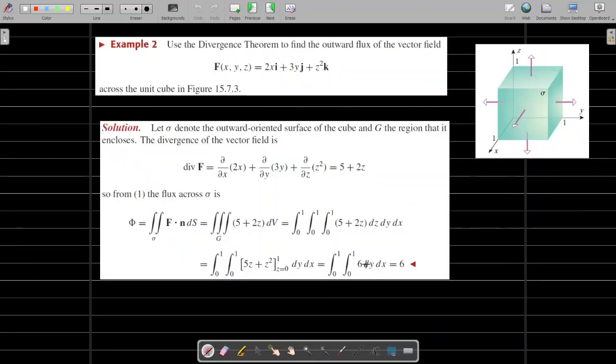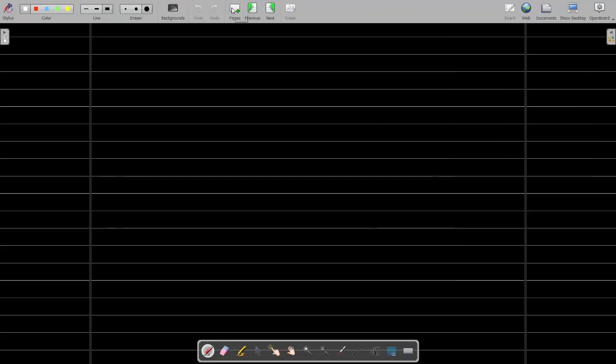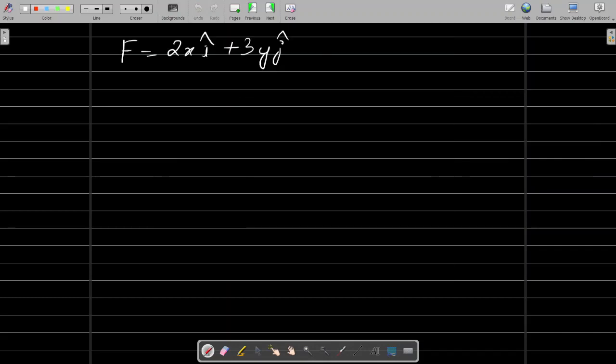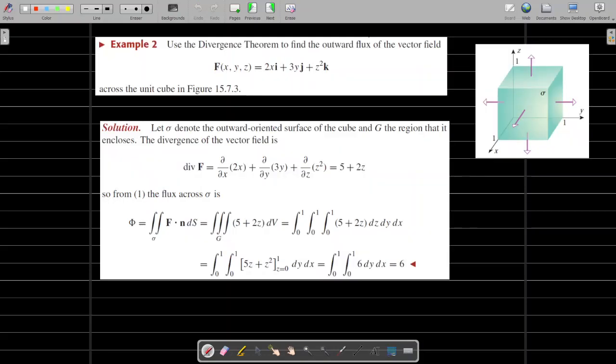Now let's move on to the second question. Here we have to use the divergence theorem to find the outward flux of the vector field F equal to 2xi plus 3yj plus z square k across the unit cube.